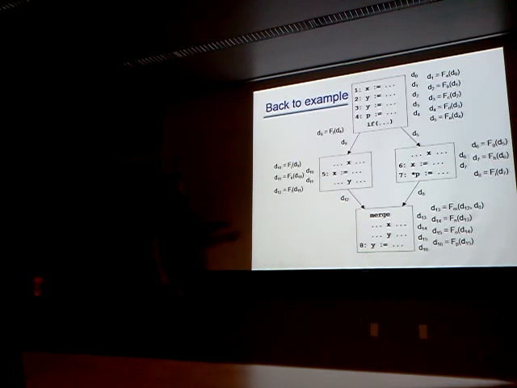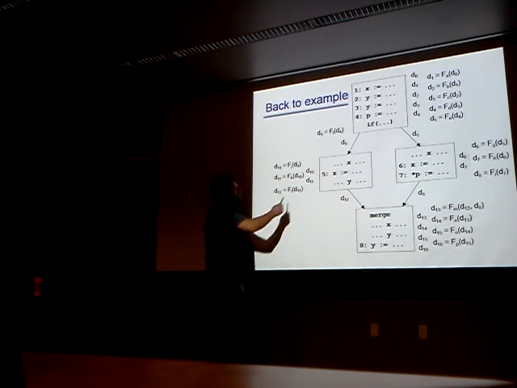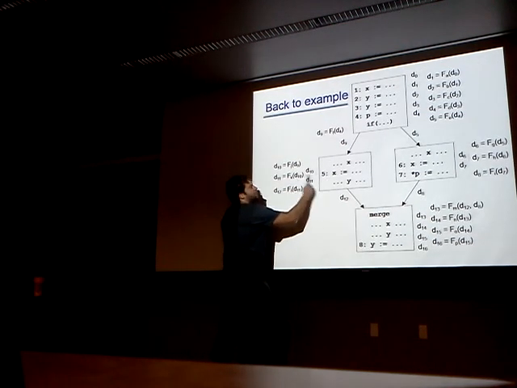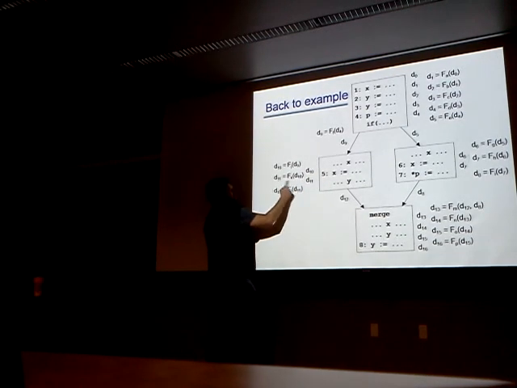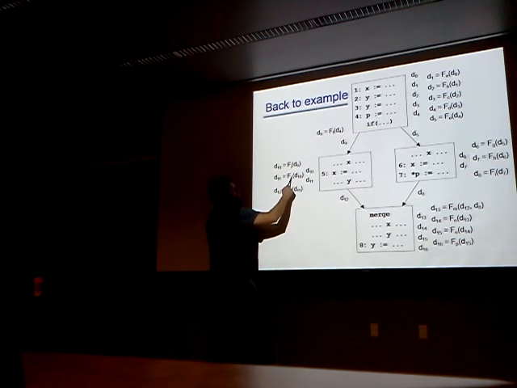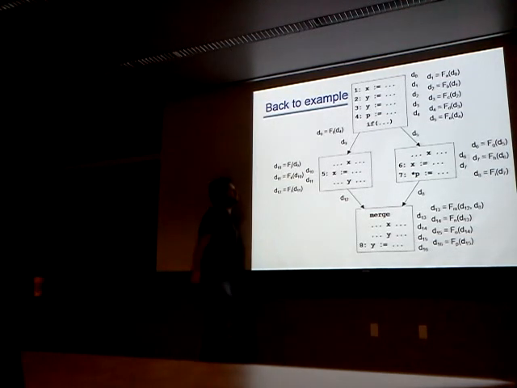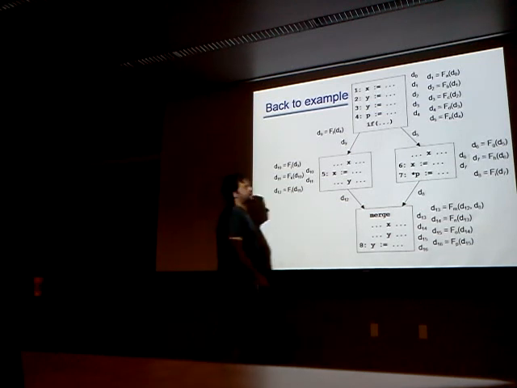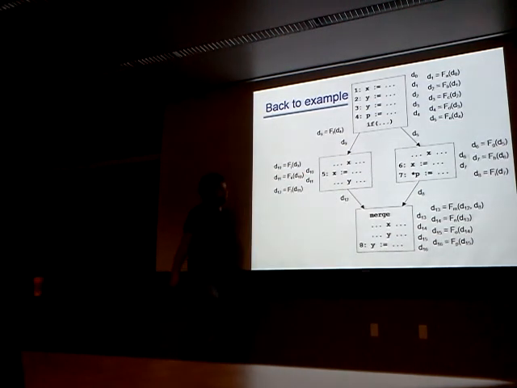Then I can set up constraints. Here, this is the flow function for statement 5. It takes D10, the incoming value, and sets up D11. So I have this equation that says D11 should be equal to F of this statement applied to D10. Basically I have all the constraints that I need to satisfy.